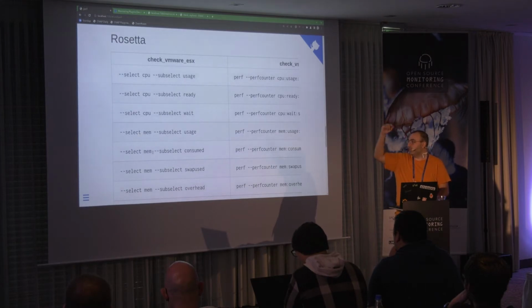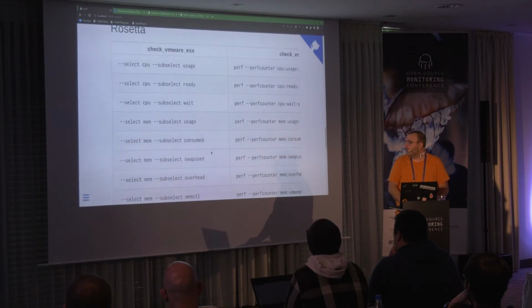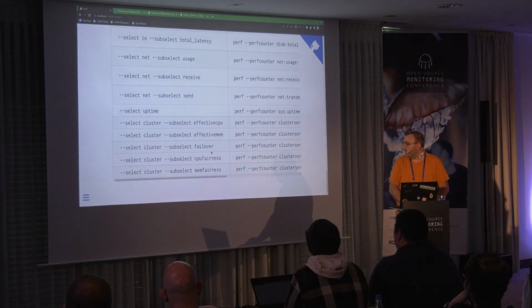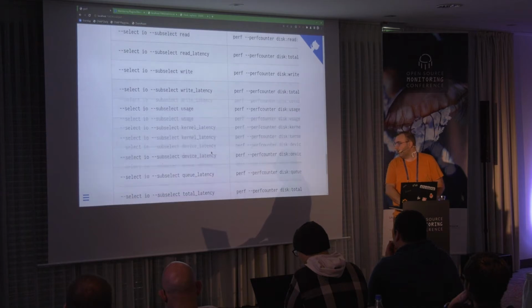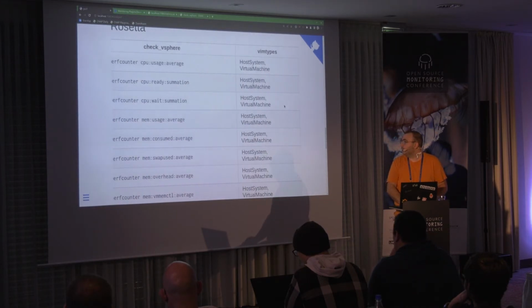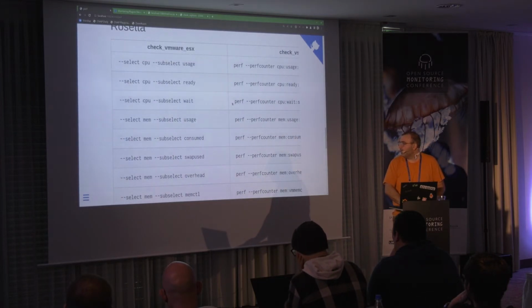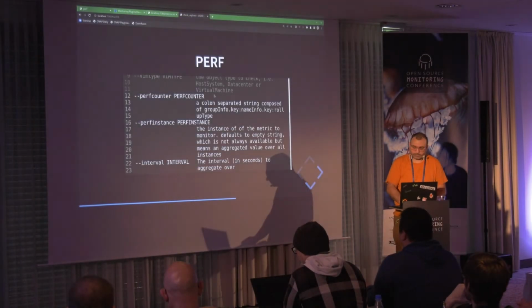So if you're used to check VMware ESX, then you find how you can use it with the perf command. But you're free to use any perf counter you want. These are just the ones I found in the check VMware ESX script. So there are also the Vim types that are available for this metric. So I hope that helps.